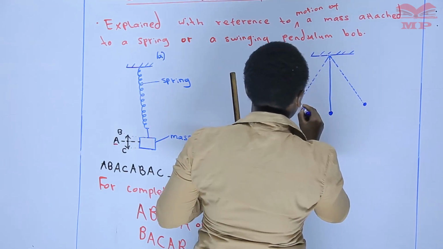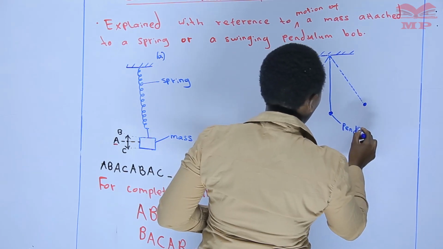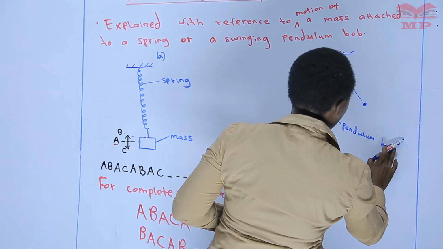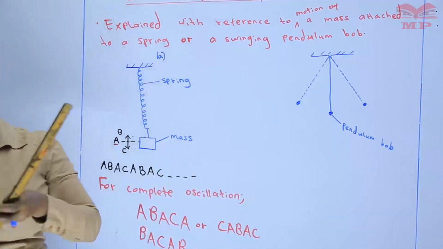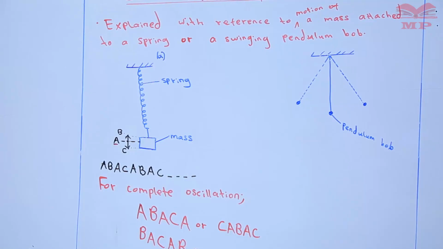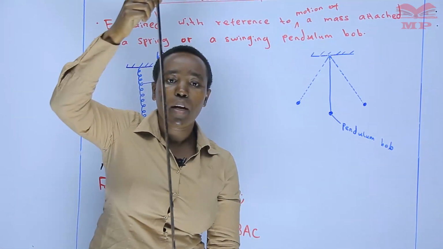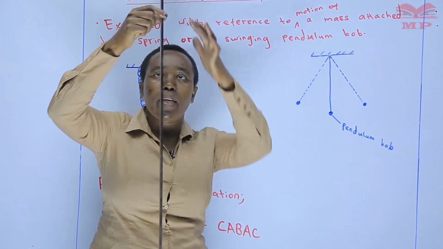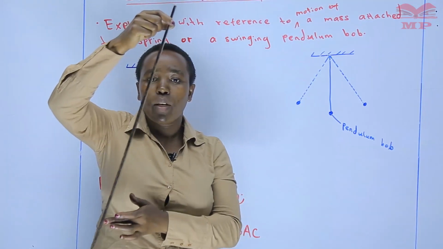So we have it that way. So this is our pendulum bob. If here we have our pendulum bob, this is our mean position. We give it a slight displacement. This is our fixed point. We are going to have it move this way.